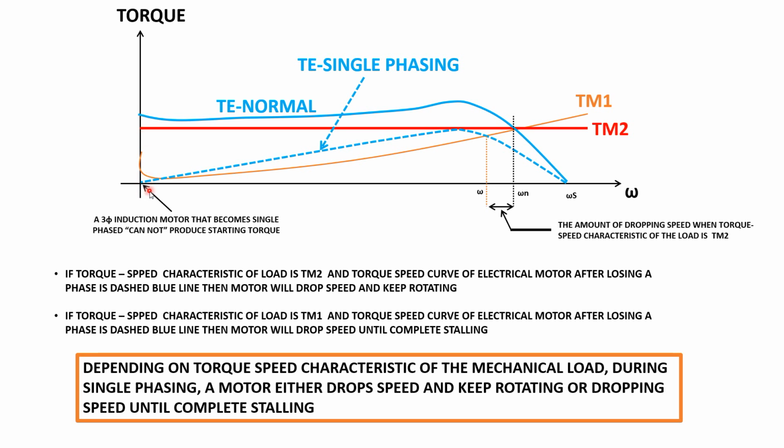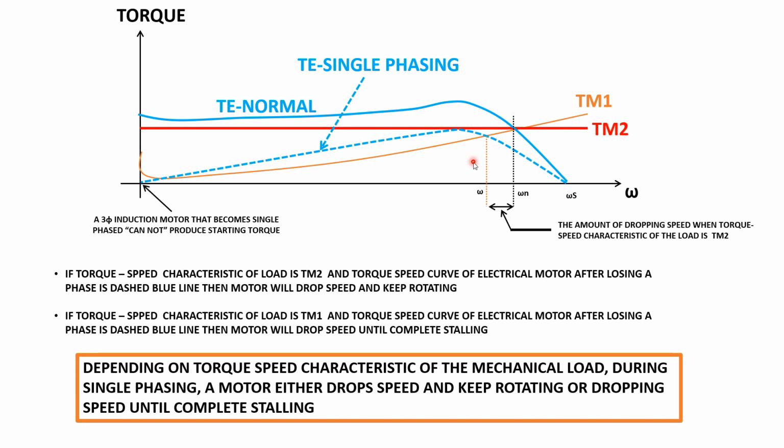We're not going to have any value at 0 when the 3-phase motor becomes single phased, because at the starting point there are two magnetic fields opposite each other, and the rotor cannot follow any of them. So we have exactly zero electric torque here.